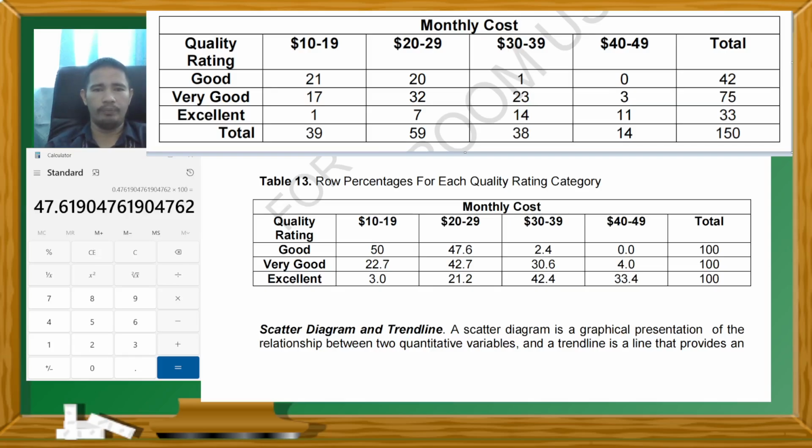For this one, 20 divided by 42 times 100. You multiply that by 100. Then 32, let's try to solve that using our calculator. 20 divided by 42 times 100, the answer is 47.6.